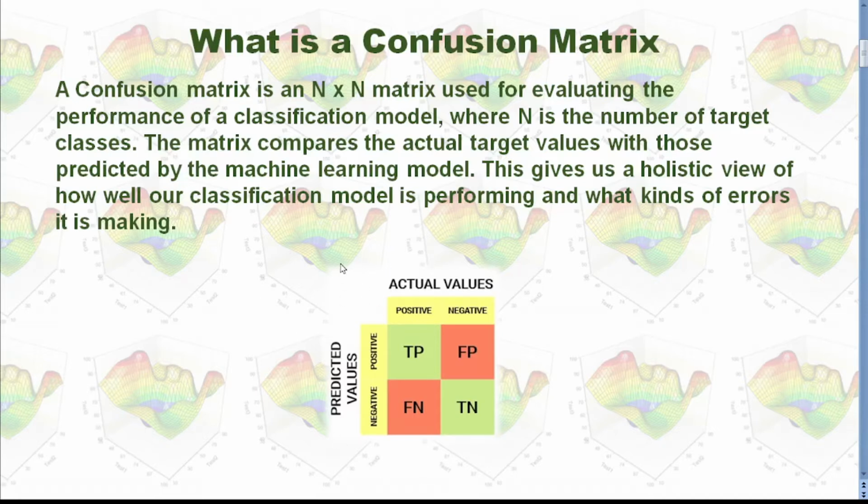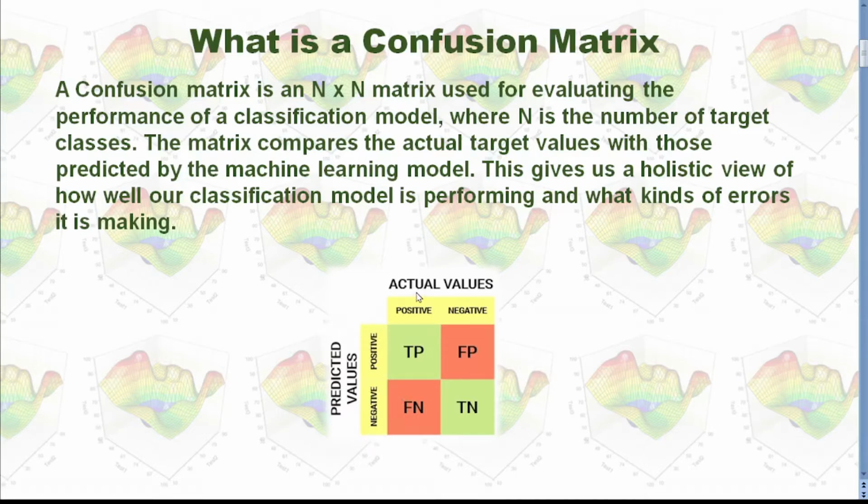Let's take a look when n equals 2. We have actual values, positive or negative, and also we have predicted values from our machine learning model. It is either positive or negative.